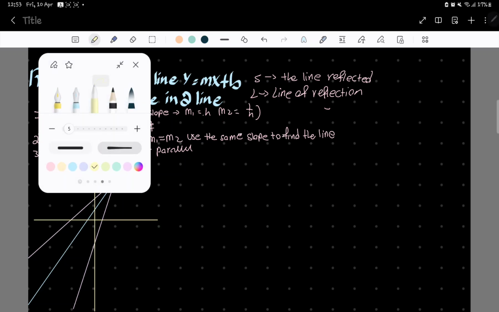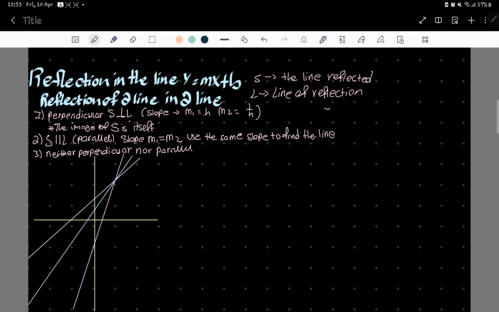Let's label each so we have a better idea what we're working with. As you can see here, this blue line is the line of reflection. This is S and this is S prime. This point here, the point of intersection, is C. This is really important for later.